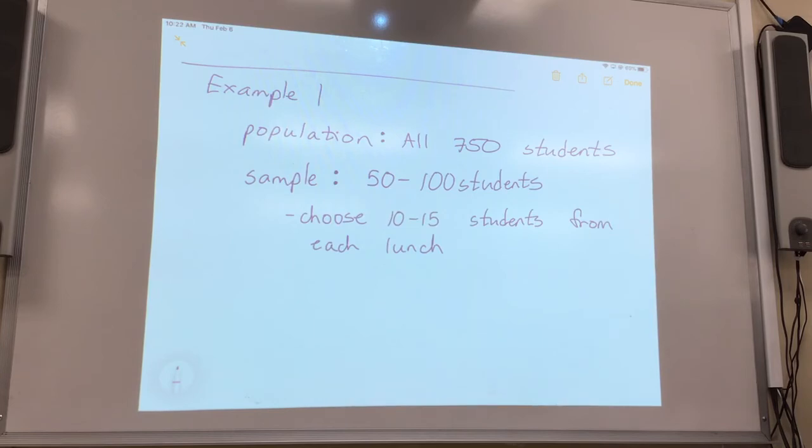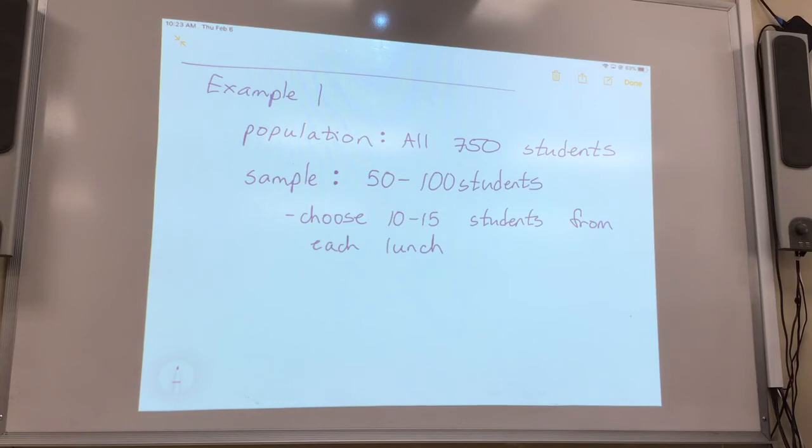How could he make sure the 10 to 15 was random? Like, at each lunch, how could he choose his 10 to 15 people? William? So, they're probably, if they're like a school, they'll probably have tables.